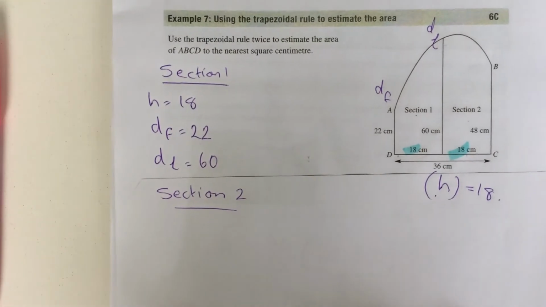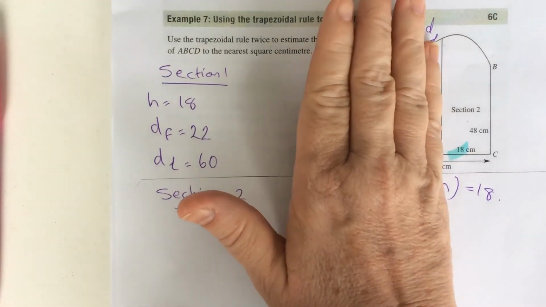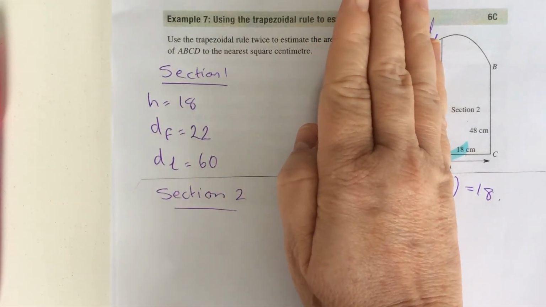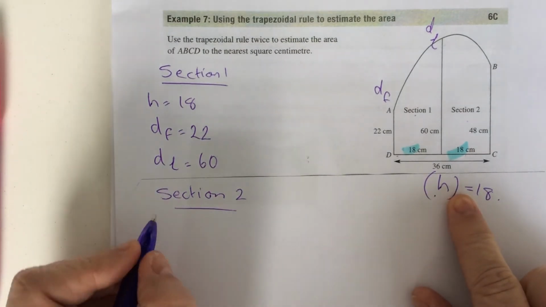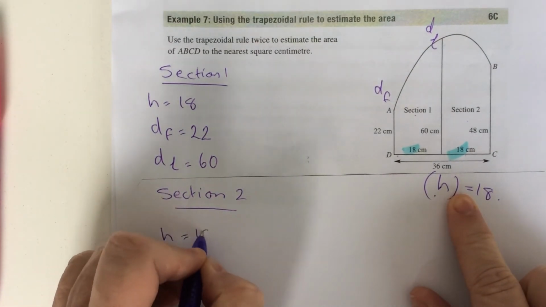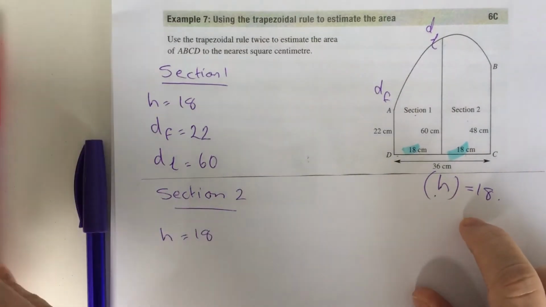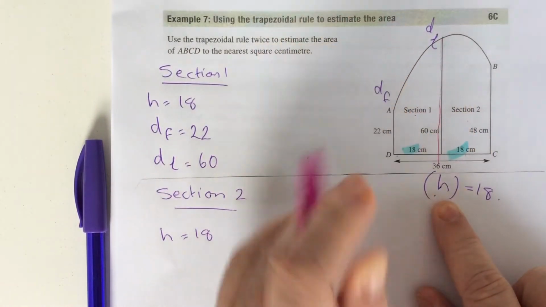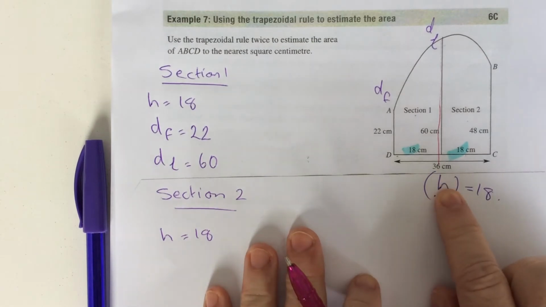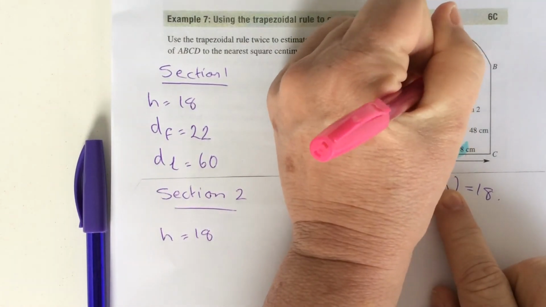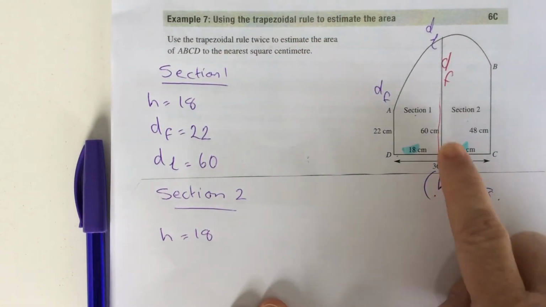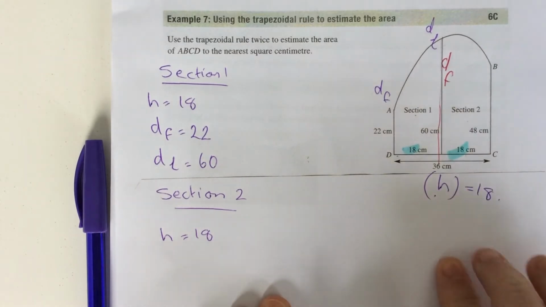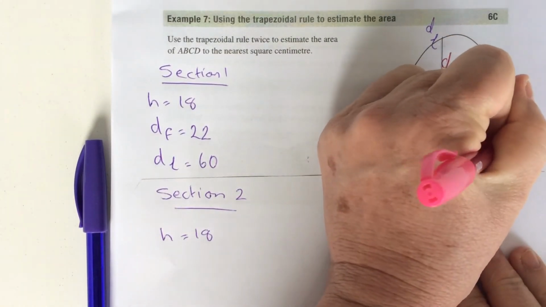All right, moving on to section 2. So now we're doing this side of the area. The height has to be the same again, so the height is 18. Now, we're doing the second section. This line here is now the first distance on our trapezium. So this becomes the DF line for the second application, and then this will be our DL.